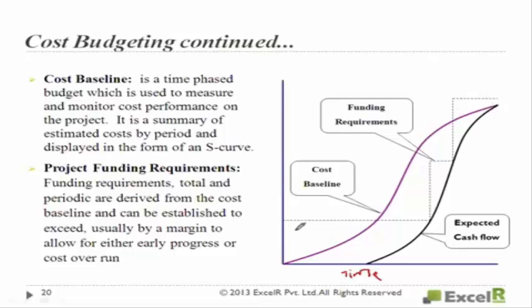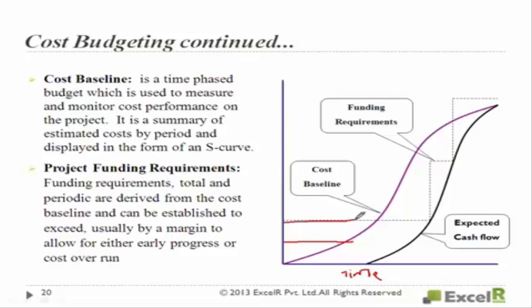Your cost baseline normally takes an S shape. Why? As we discussed, in the initial stages of the project, when are the costs of the project more? Start of the project or during the execution? Execution. The start time, the funding requirements are very less.